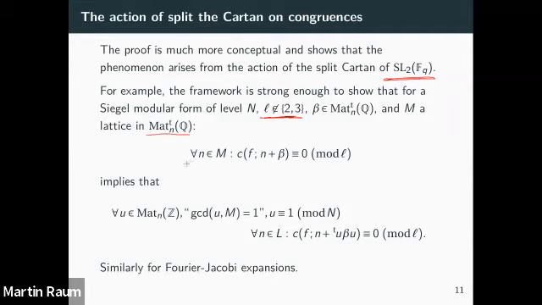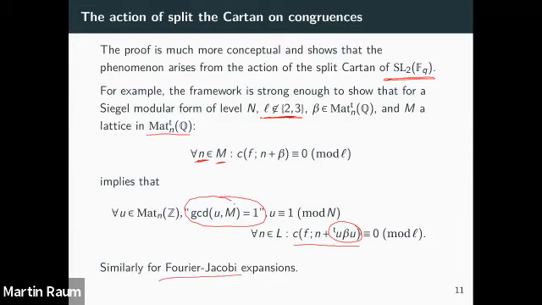And then if we have these Ramanujan-type congruences for all n in this lattice m, then we already have these other congruences, where the square class congruence is really visible in the beta. Here this TCD condition is a bit technical to spell out. For Siegel modular forms people, it's perhaps not so horrible, but I wanted to spare you that because it's not really the topic of this lecture.